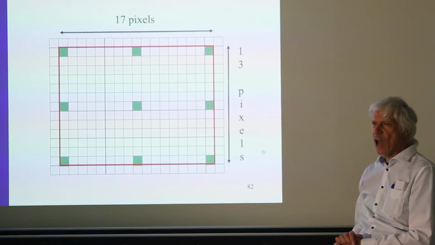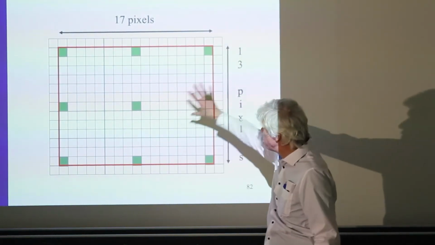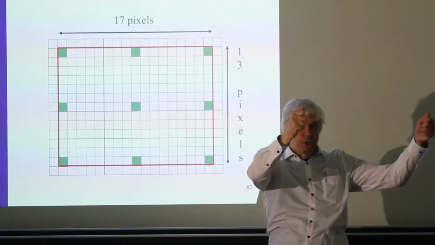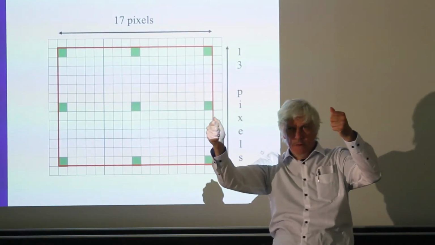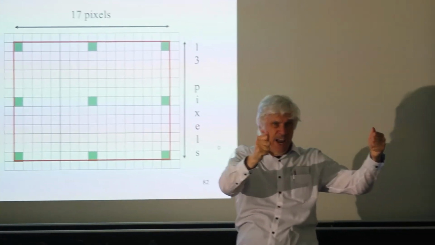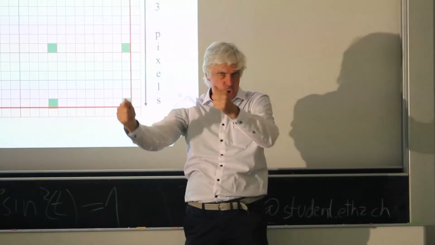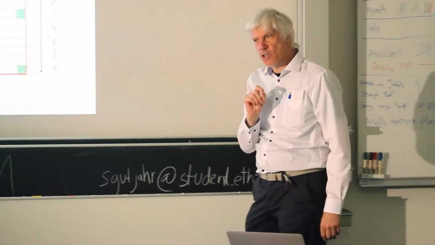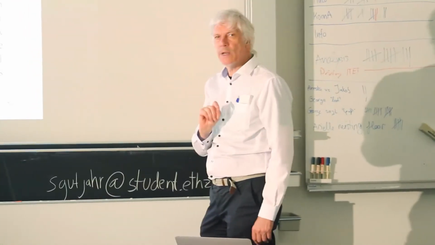So what we will do now is take that sparse filter, only look at the green positions, shift that 17 by 13 filter over the entire image, reading out these 9 values at every position of the filter, and just get the statistics for those 9, including the covariance.